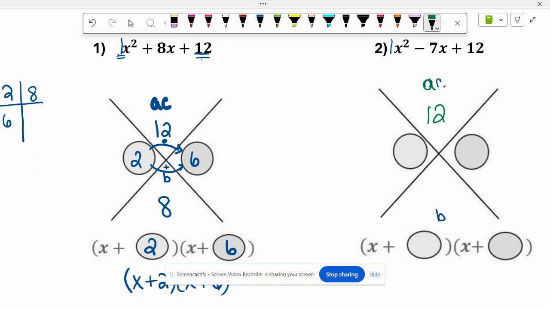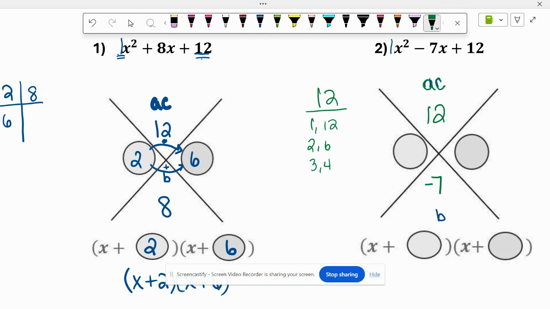What am I looking for, the B value? What is my B value? Negative 7. So let's see. Numbers that I can multiply together to get 12 that add up to negative 7. Let's see. 1 and 12, 2 and 6, 3 and 4.